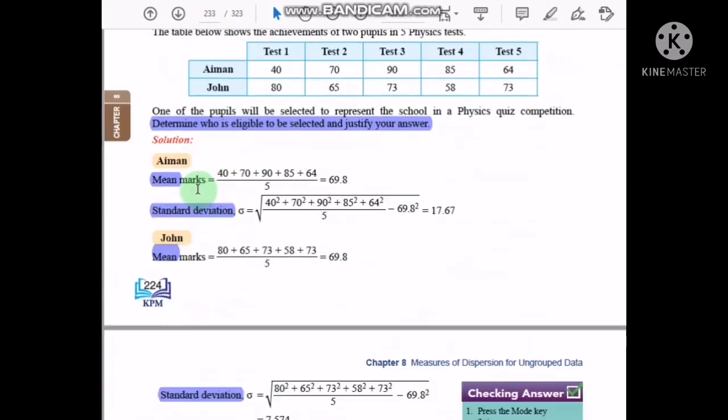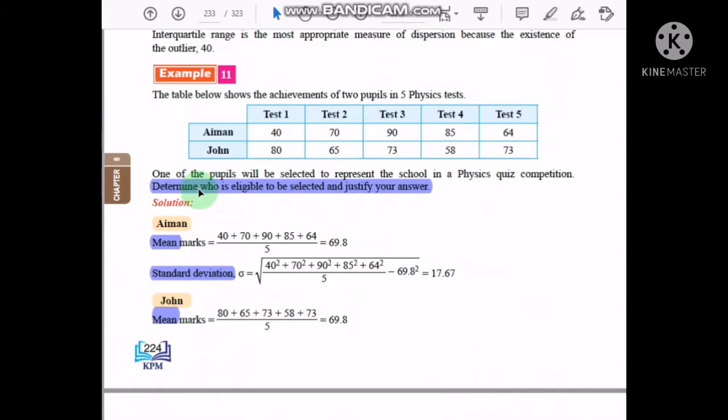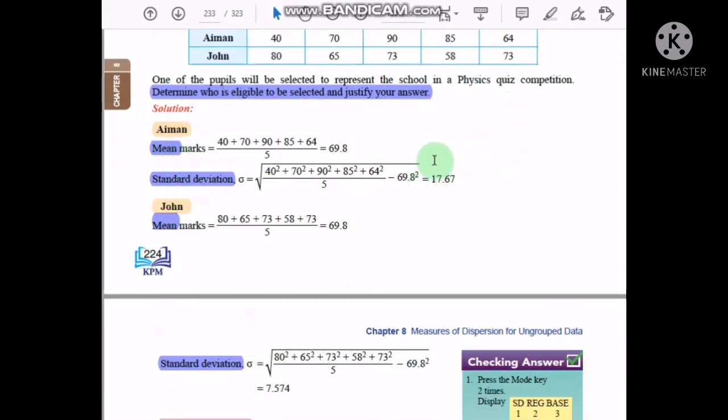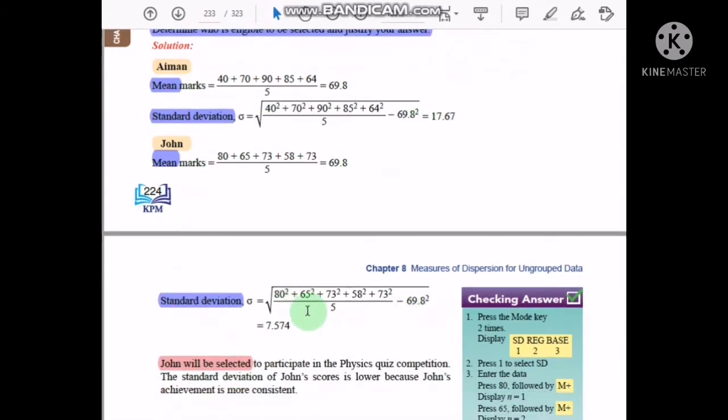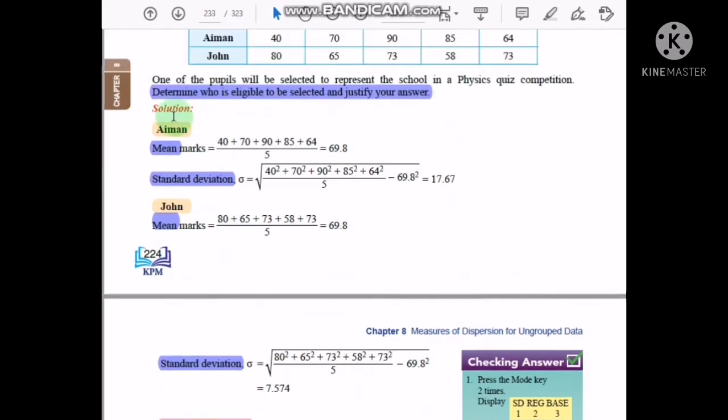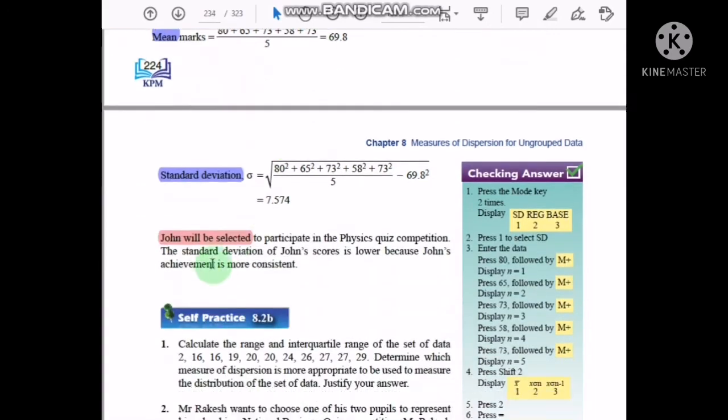So which one do we need to choose to represent the school in the physics quiz competition based on standard deviation? Aiman has a bigger standard deviation, and John has a small standard deviation. If standard deviation is small, the data is dispersed close to the mean. So the answer to determine who is eligible to be selected and justify your answer is: John will be selected to participate in the physics quiz competition.